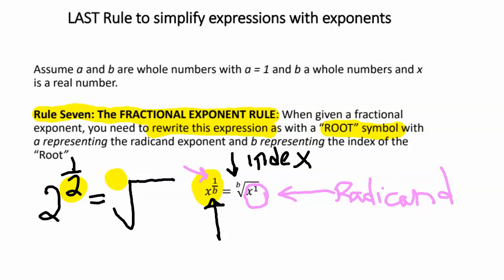This 2 up here is my denominator. Radicals always begin with that 2 understood, and this will be 2 to the first power. This 2 is understood in root symbols.